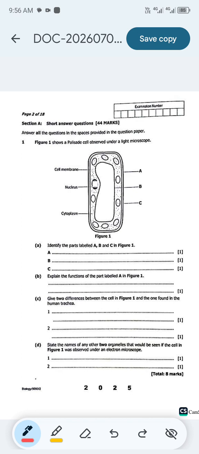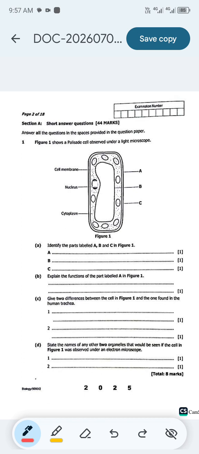Question A requires us to identify the parts labeled A, B, and C in figure 1. The first thing to keep in mind is that this is a palisade cell observed under a light microscope.